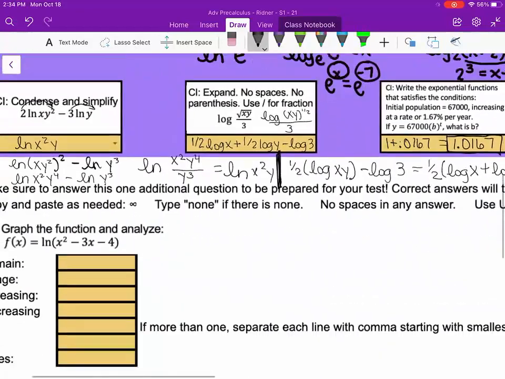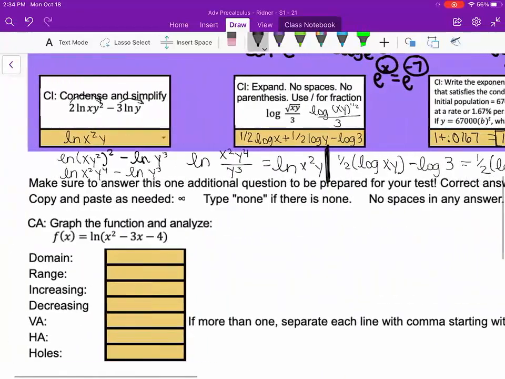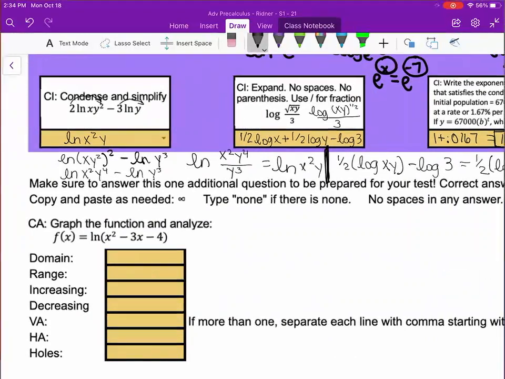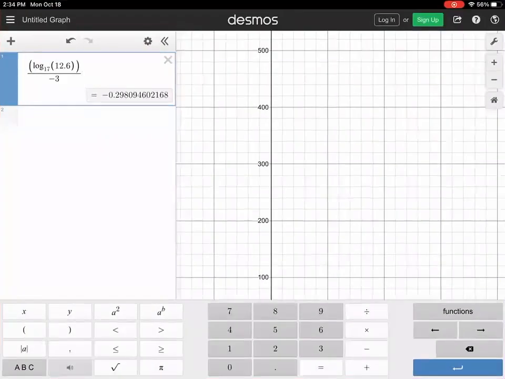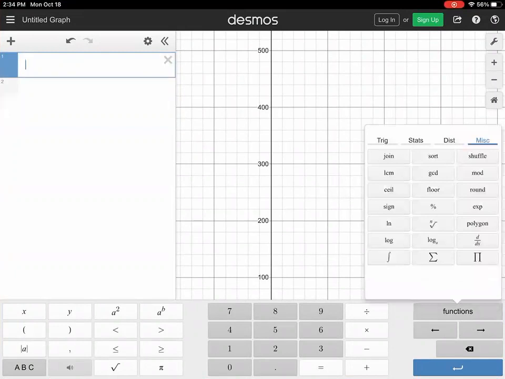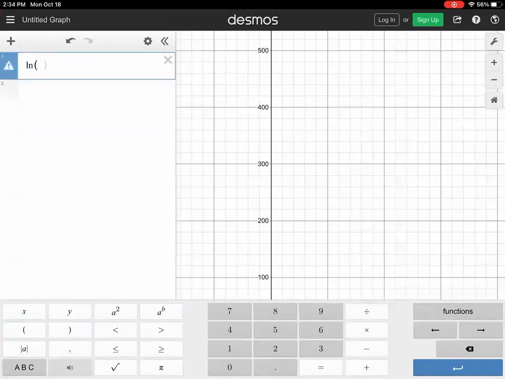And then last but not least, our graphing one here. First thing I'm going to do, notice it is calculator active. I am going to, let's see, type it in. So x squared minus 3x minus 4.